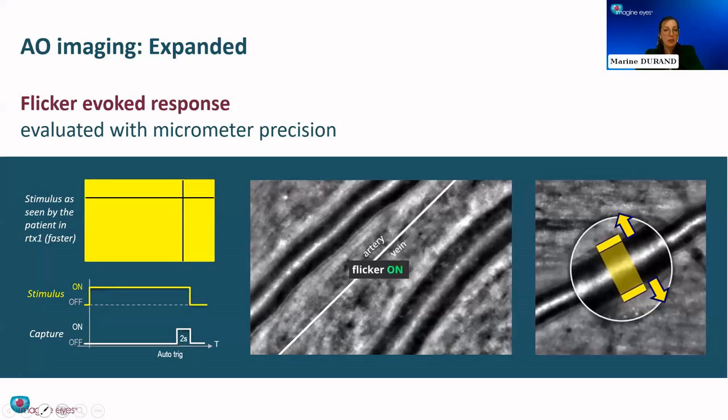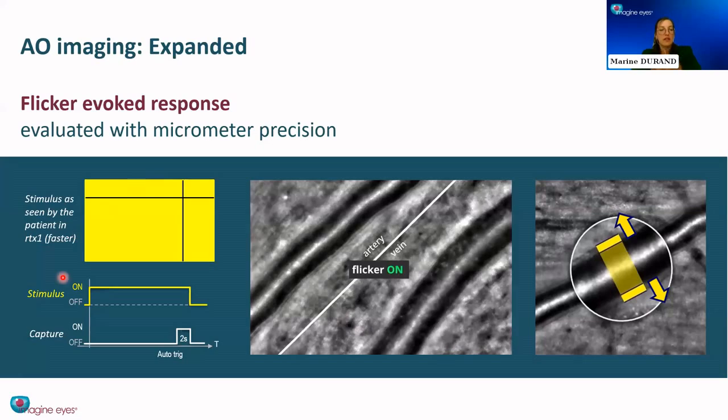So neurovascular coupling is a change of retinal vessel caliber, as you can see in this animation, that is caused by the response of flickering light, which stimulates the neuron. So this is why we have added this stimulation.